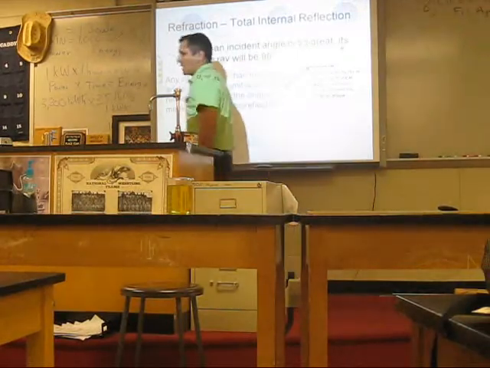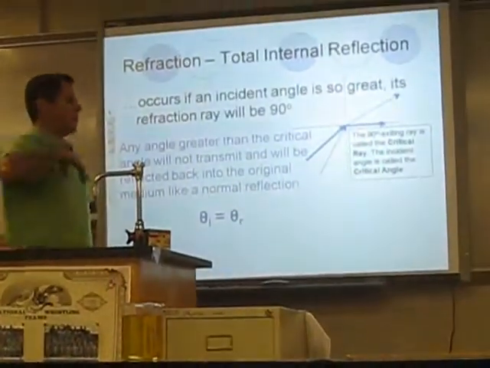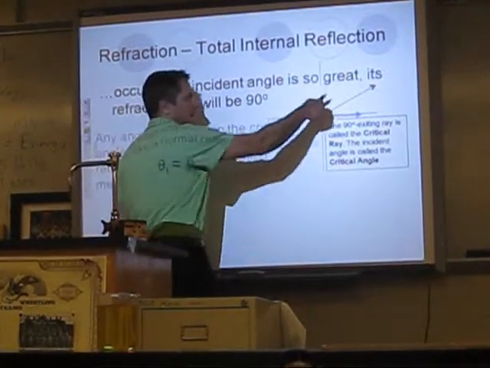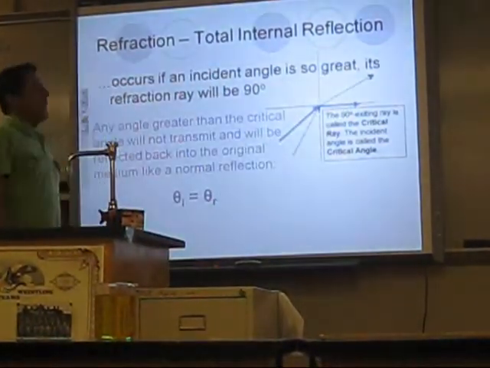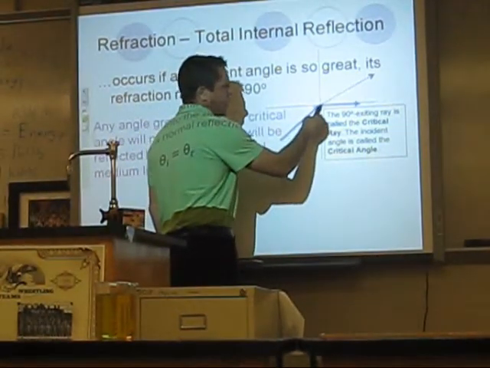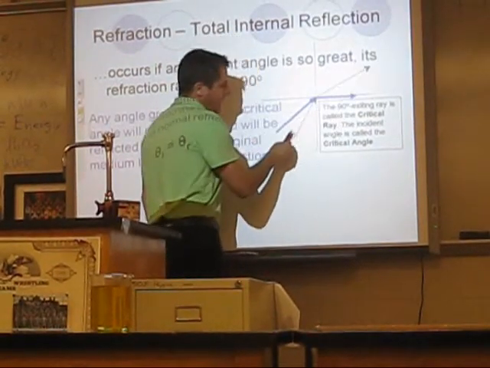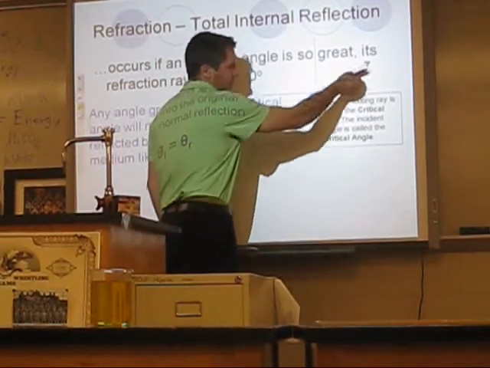So think about that truck that's now going from the grass to the asphalt. Now we're going from thicker to thinner. Remember, it bends away. So if I'm going from the grass here, when I get to the asphalt, I'm going to turn away. If I go a little bit further out, I'm going to turn away more.